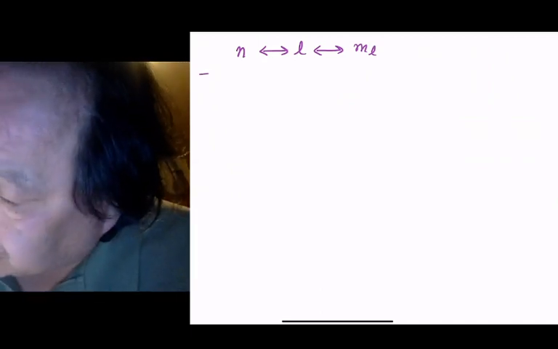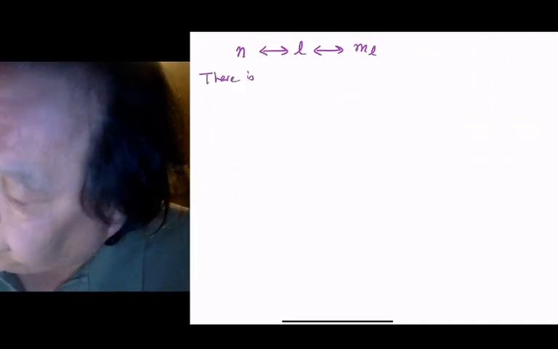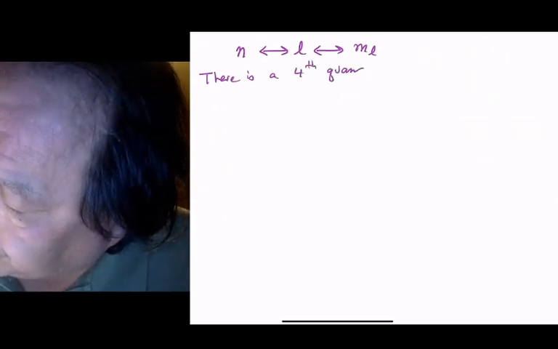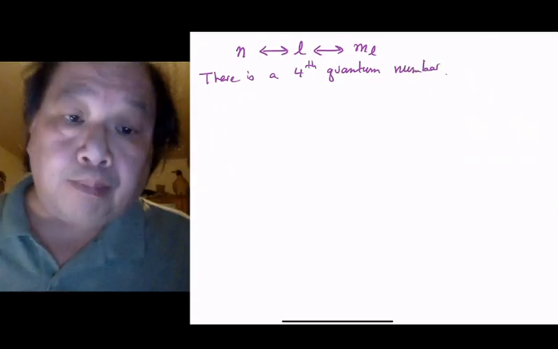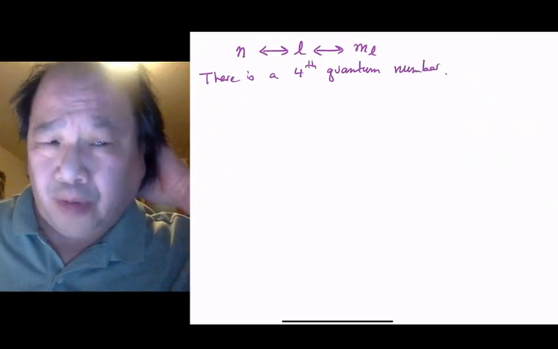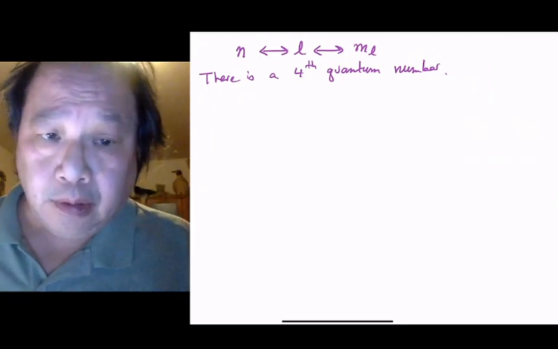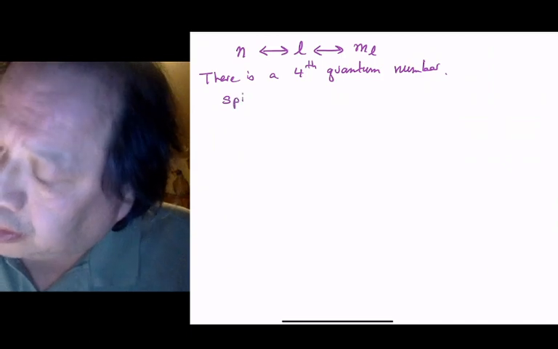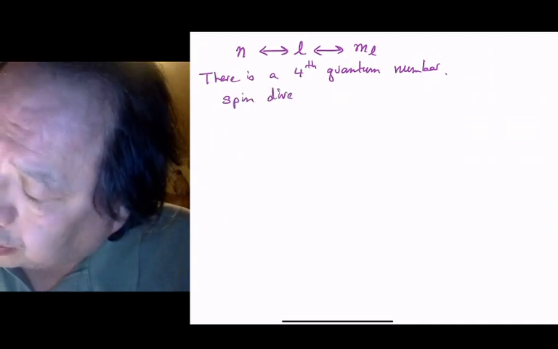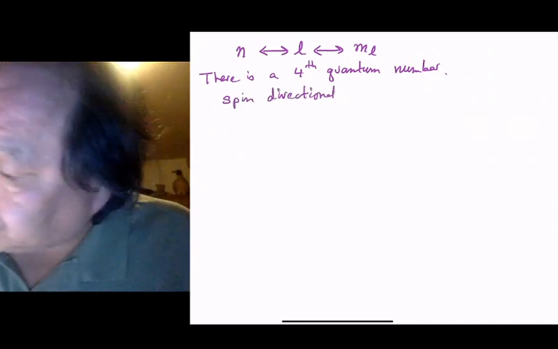There is a fourth quantum number, a number which bears almost no believing in, and it is called the spin directional quantum number.